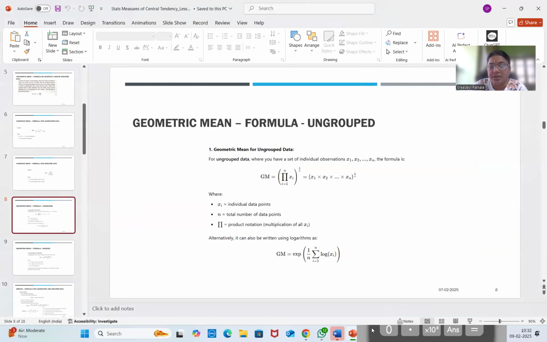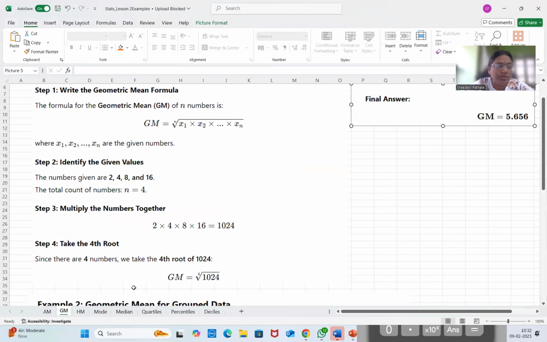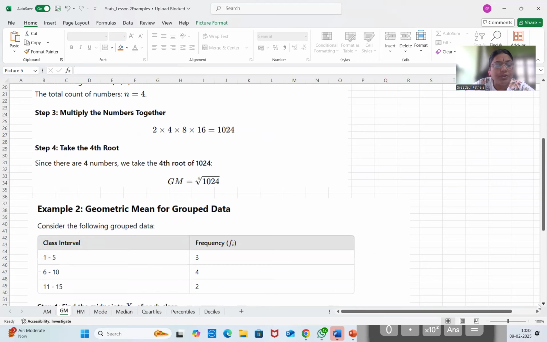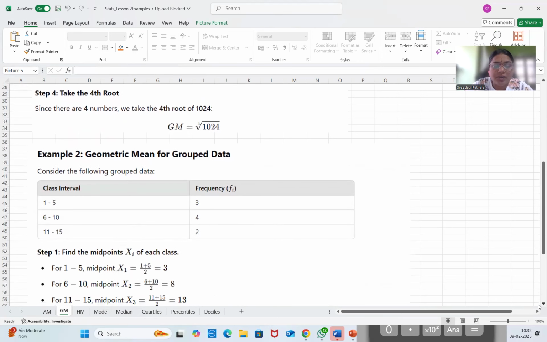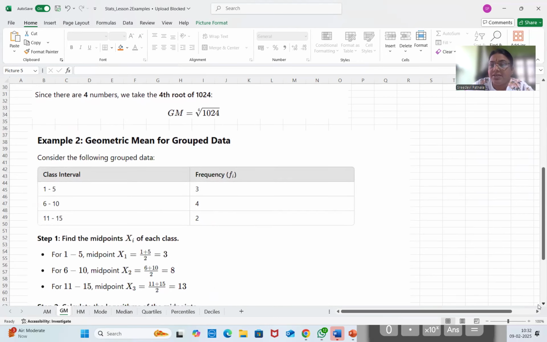For now, let's move to the next example, which is for grouped data. Now we finished for ungrouped data. For grouped data, as usual, you will get the frequency. It's a blind rule to follow for any mean, whether it is an arithmetic mean or geometric mean or harmonic mean.